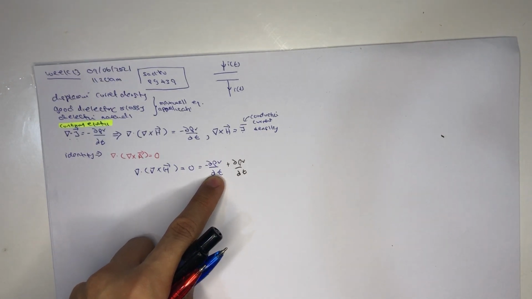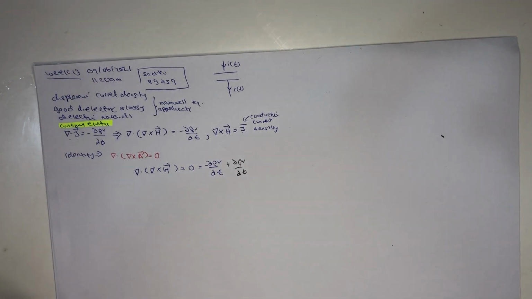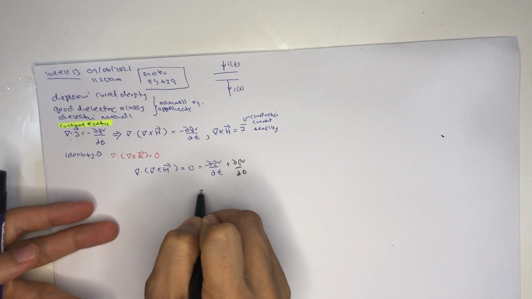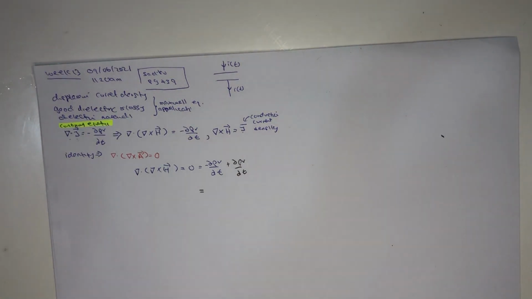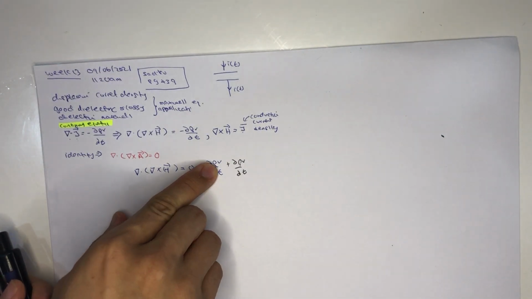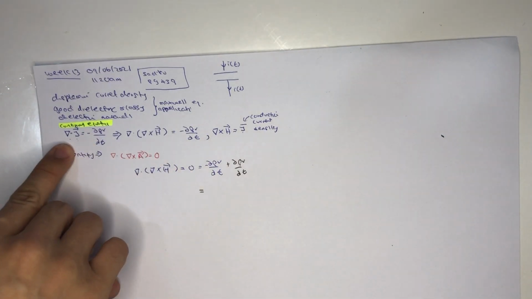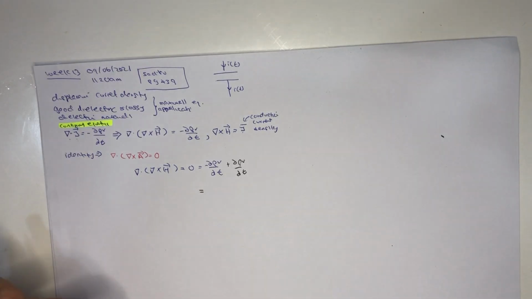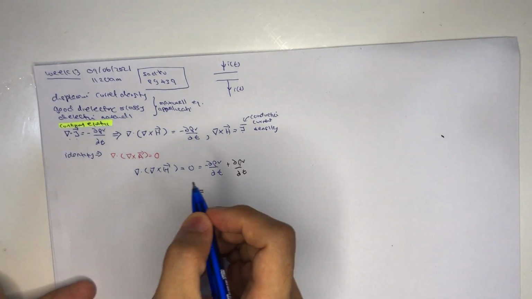Negative d rho v over dt, we know it's the divergence of J.